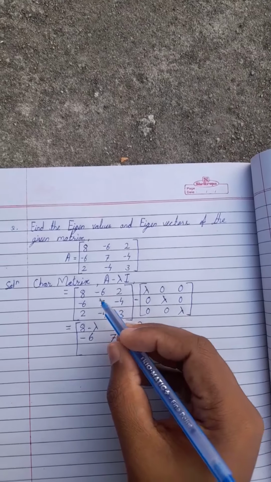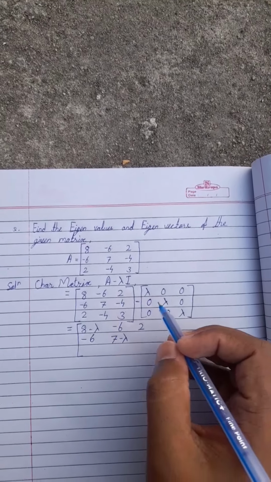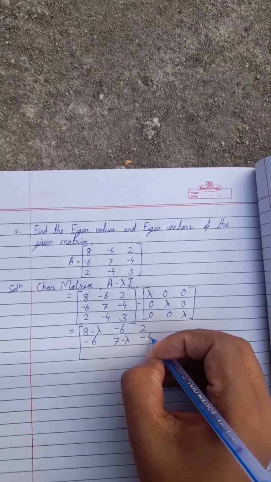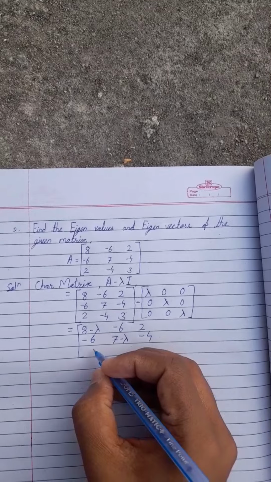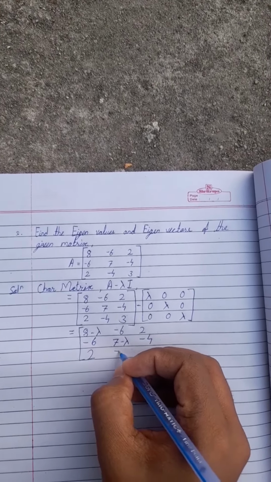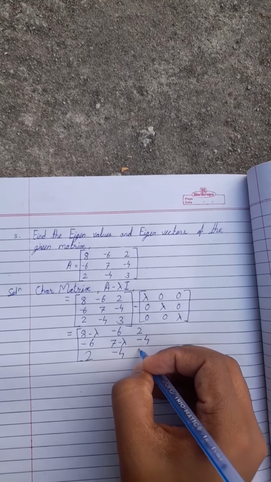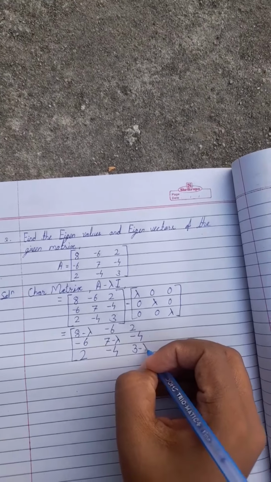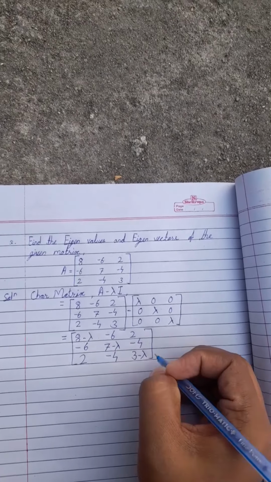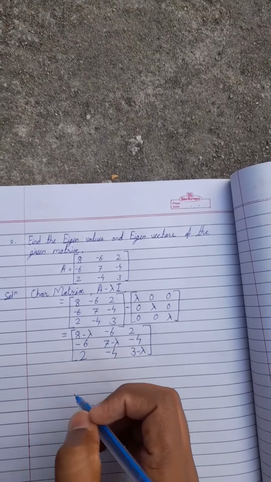We have to subtract this matrix from this one. Minus 4 remains as it is, 2 also remains as it is here, minus 4 also, and it becomes 3 minus lambda here. So it is our characteristic matrix.